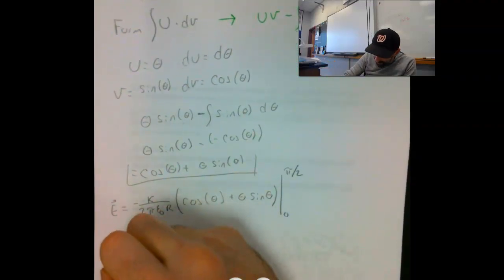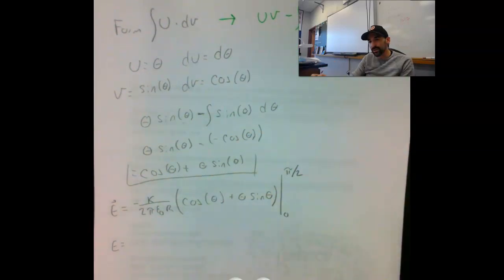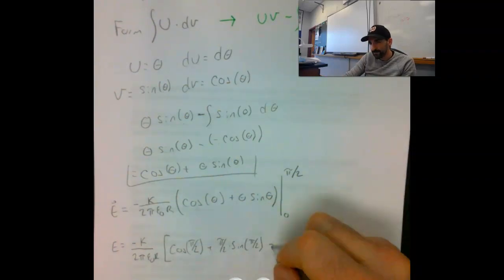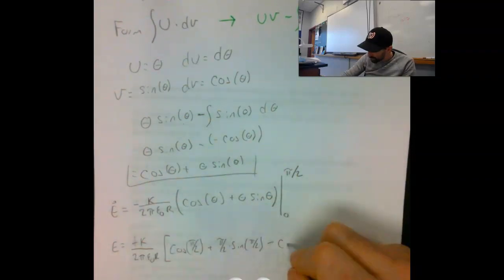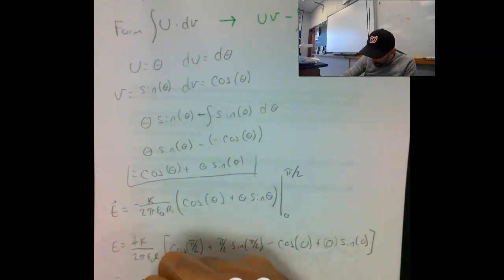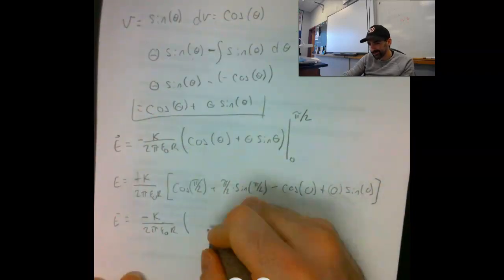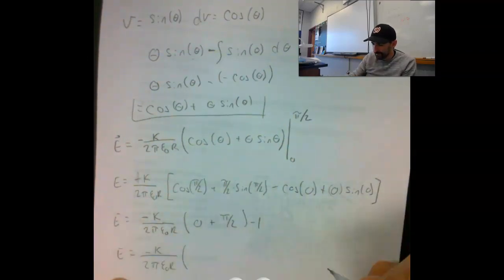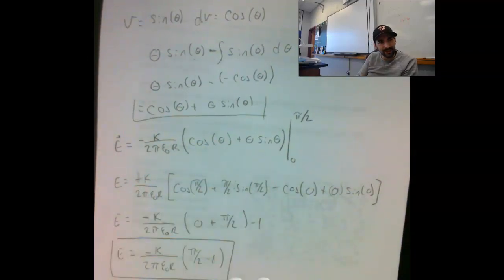We should get my electric field is equal to, and there is my electric field: negative k over 2 pi epsilon naught r times pi over 2 minus 1. All really complex stuff that we tried to do in the simplest possible manner.